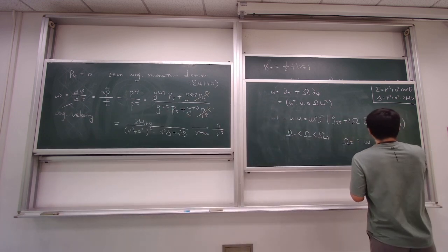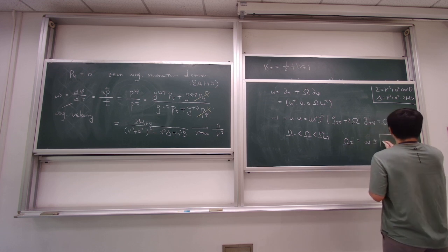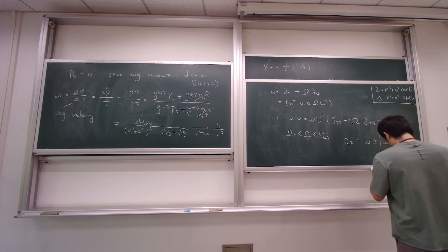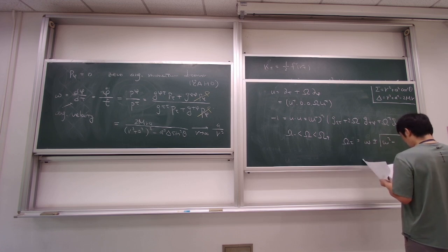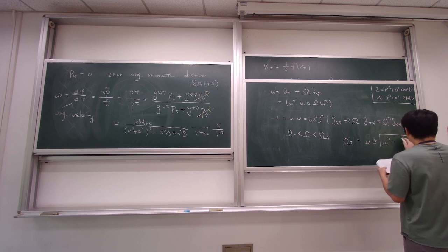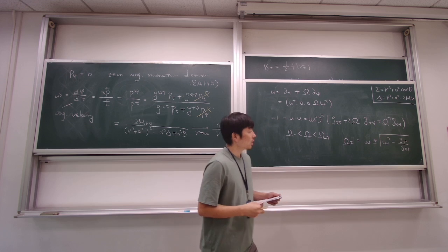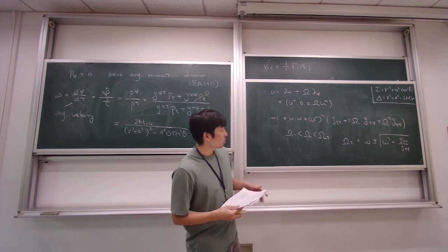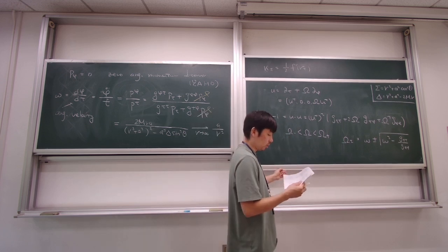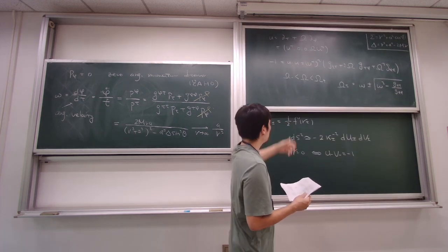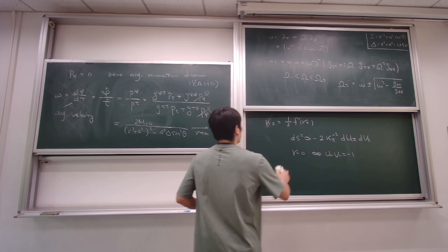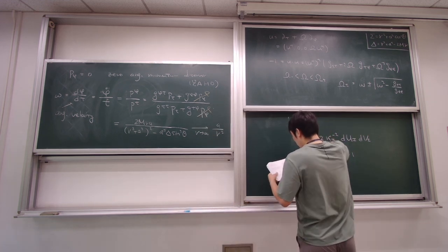And omega plus minus is the square root of omega squared minus g_tt over g_phi phi. Okay, so that's the constraint.